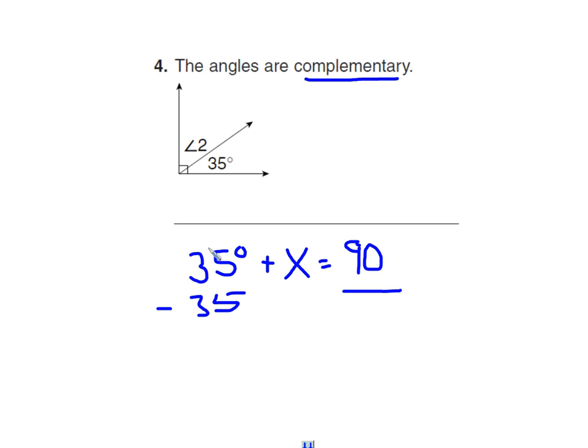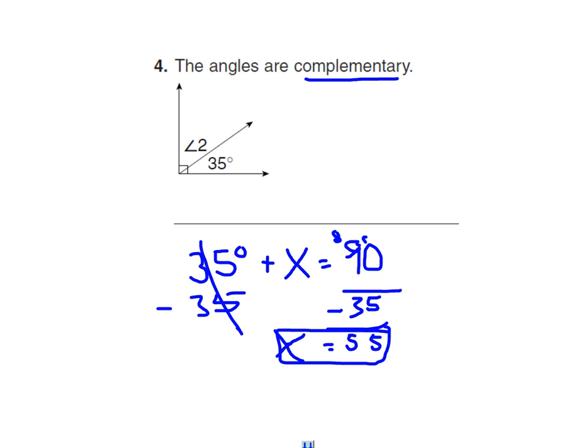That cancels out, leaving x all by itself, so 90 minus 35. 0 minus 5, I can regroup. I get a 5. 8 minus 3 is 5. So I get 55 degrees. This angle is 55 degrees because the two angles are complementary. They add to 90. So number 4 is 55 degrees.